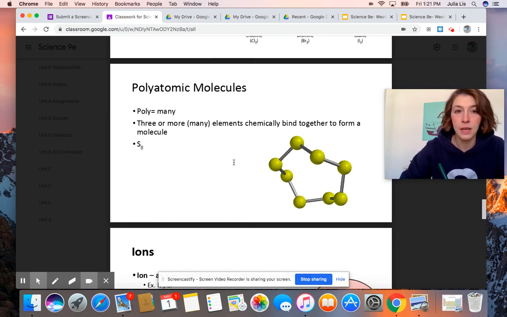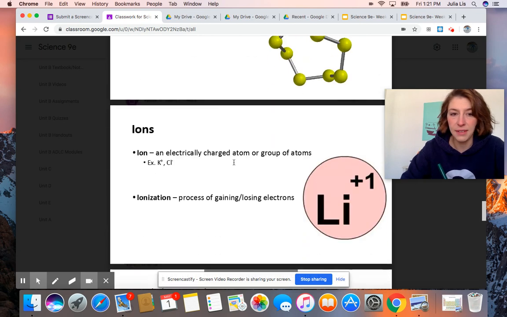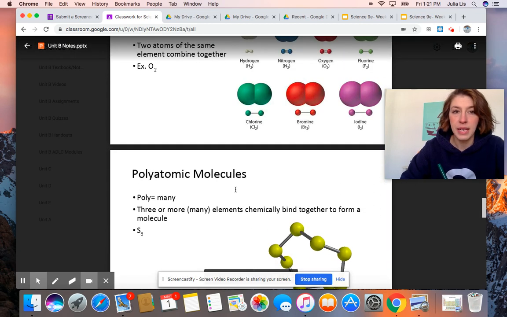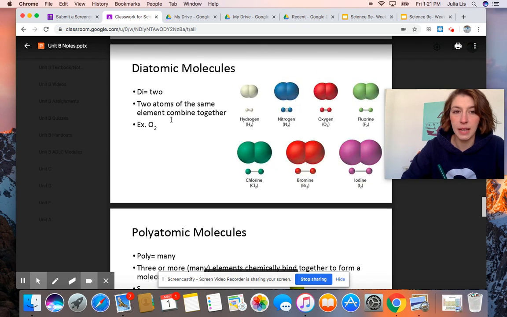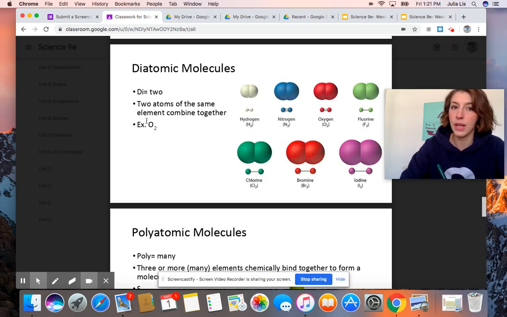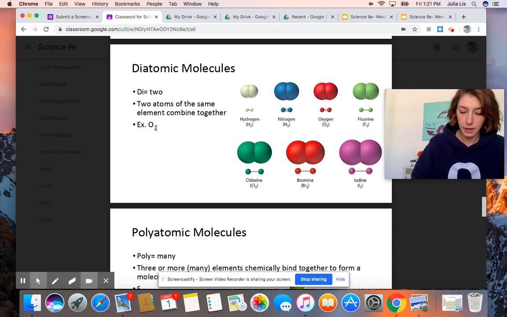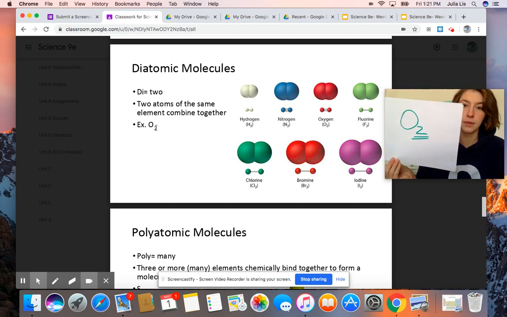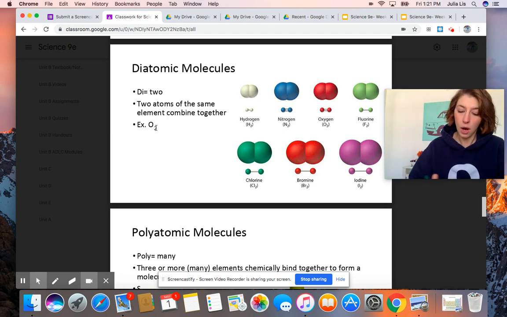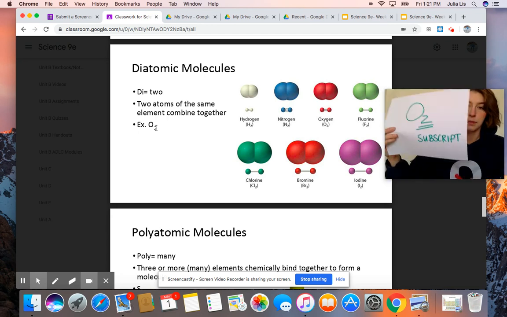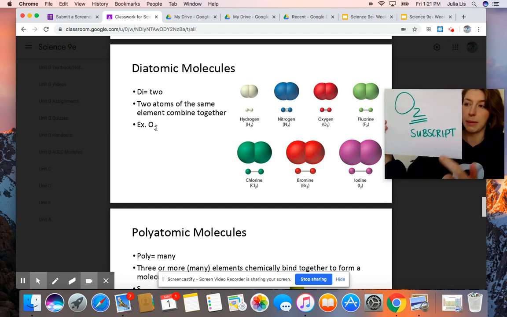One important thing that I haven't really gone over yet is when you look at something like O2 here, so that's oxygen. This 2 down here, you need to know, is what we call a subscript.